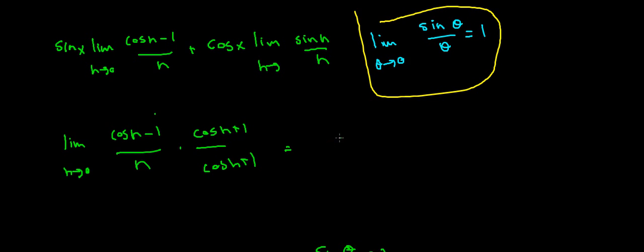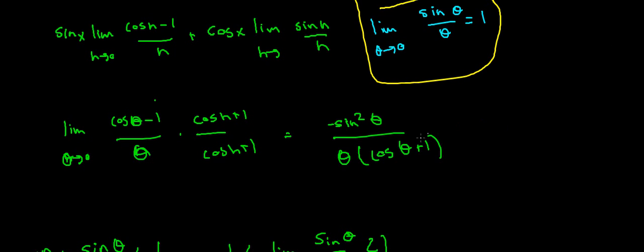So this will be equal to minus sine squared theta. Oh, I just switched between h and theta, but it really doesn't matter. So then I'll get theta times cosine theta plus 1.